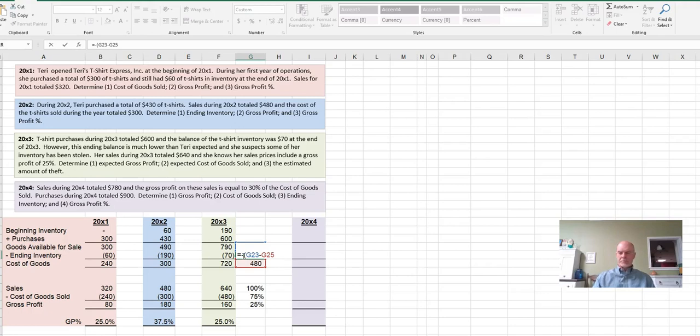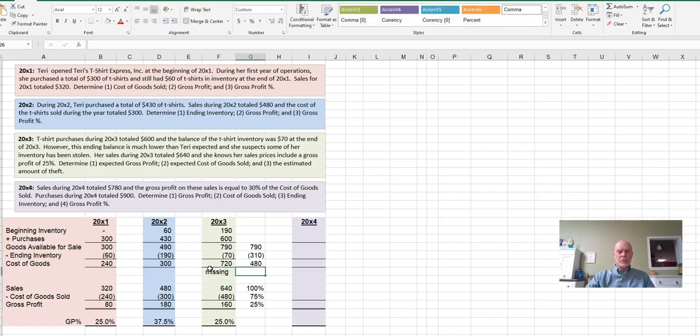So that's what our inventory should have been. So it looks like we are missing quite a bit. In fact, the difference between the 310 that it should have been and the 70, remember this is what she actually has on hand. The difference between those two, the missing amount, let me calculate that here.